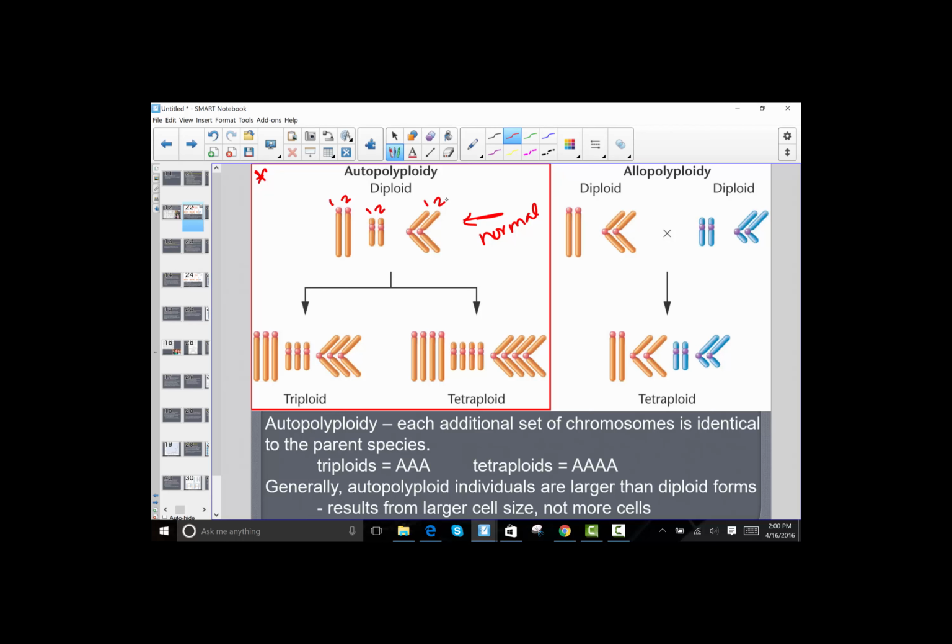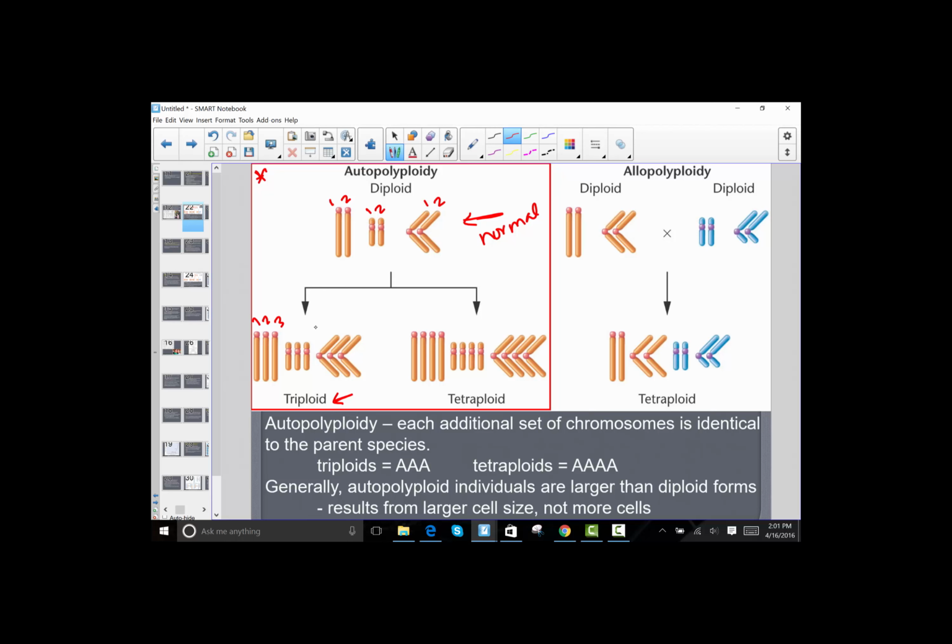This means that our parent here has 3 chromosomes, so this is our complement, and then we have 2 copies of each chromosome. In order to achieve a triploid, in this particular complement here, we're going to have 3 copies of each chromosome. Basically, you're looking from the diploid complement above to the triploid complement below.